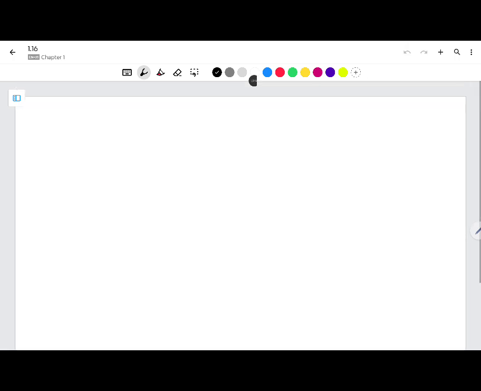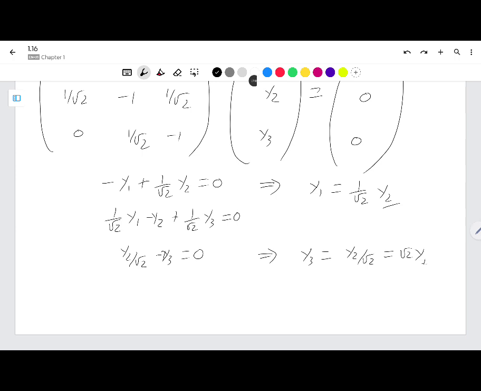So we can just write y is y1, y2 is square root of 2 y1, and y3 is square root of 2 y1 divided by square root of 2, just y1.